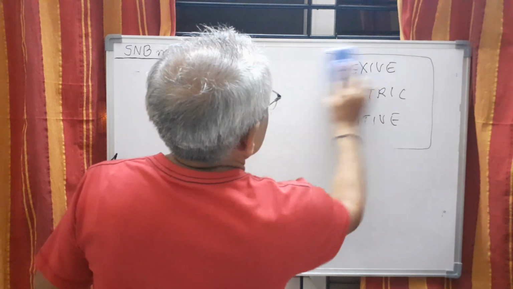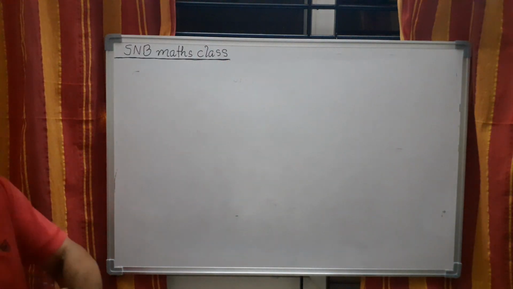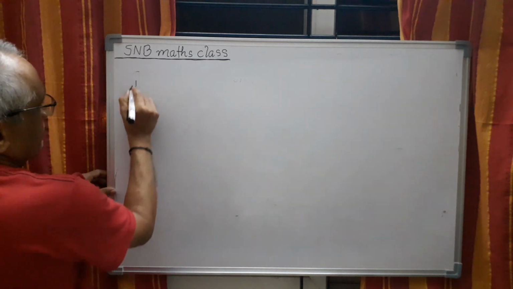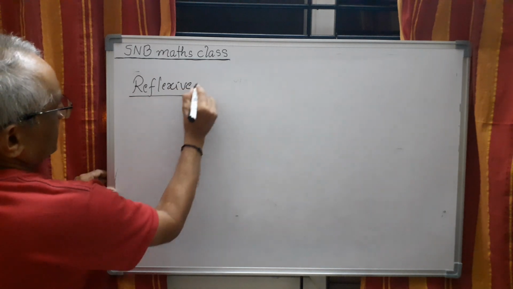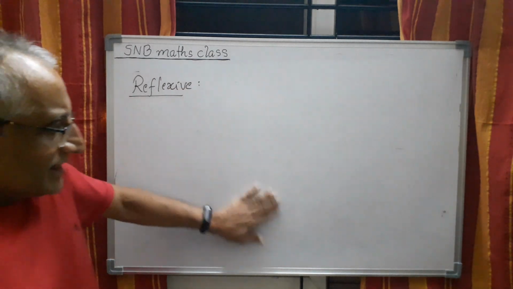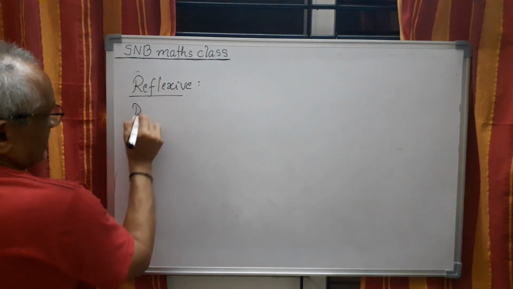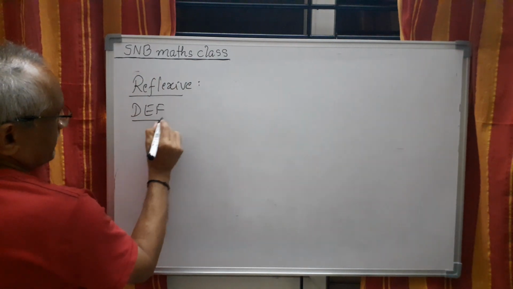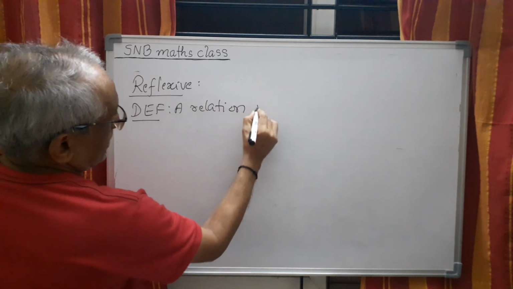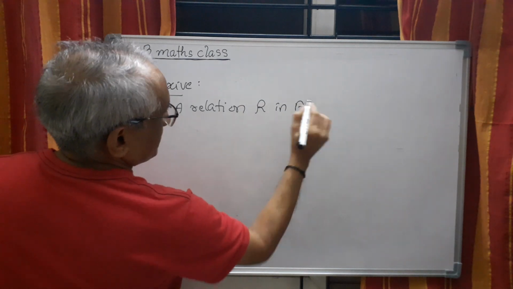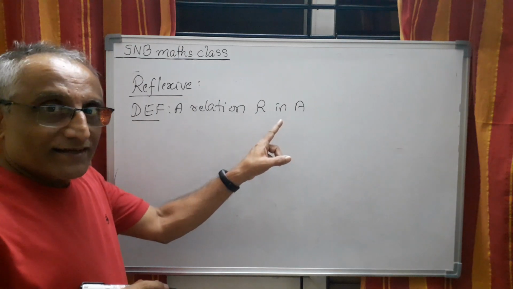Now let me introduce the first concept, that is reflexive relation. It is a very simple relation. Therefore, I don't think I have to give an example first. Let me give the definition directly. So the definition is this: a relation R in A. As I told you, we are talking about the relation in A only.